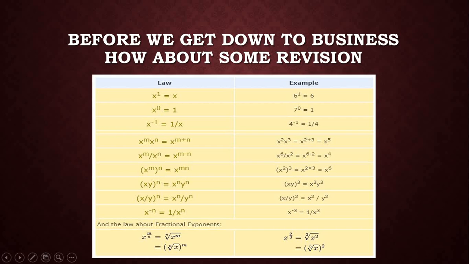Let's just put that practically. Imagine having x to the power of 6 divided by x to the power of 2. How to solve that will be x to the power of 6 minus 2, which will be x to the power of 4.